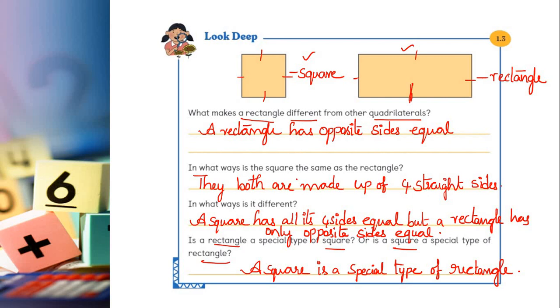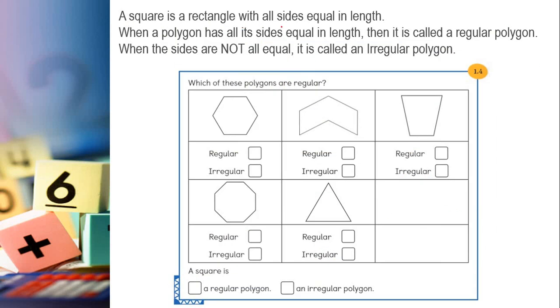Write all the questions neatly. A square is a rectangle with all sides equal in length. When a polygon has all its sides equal in length, then it is called a regular polygon.